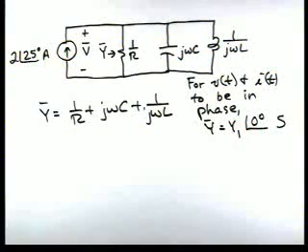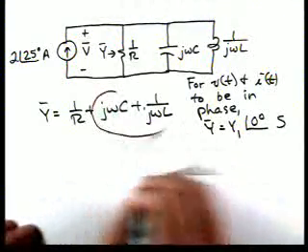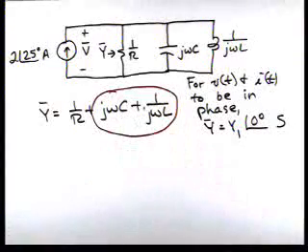And the only way that can happen is for these two terms to cancel out. That's the only time that the admittance, Y, would have a phase angle of 0.